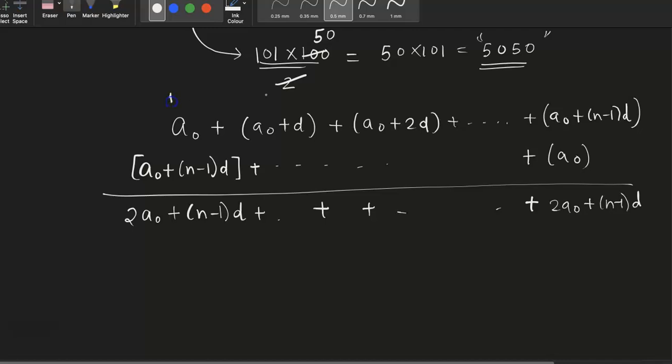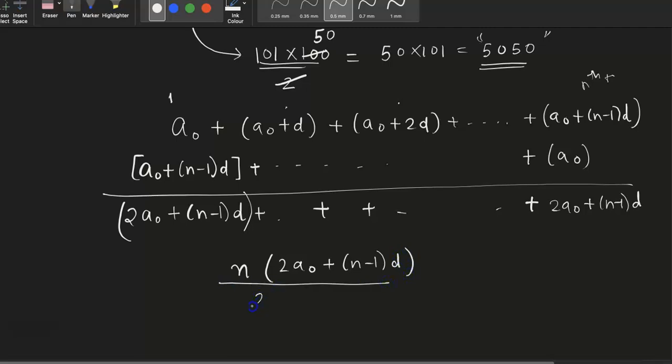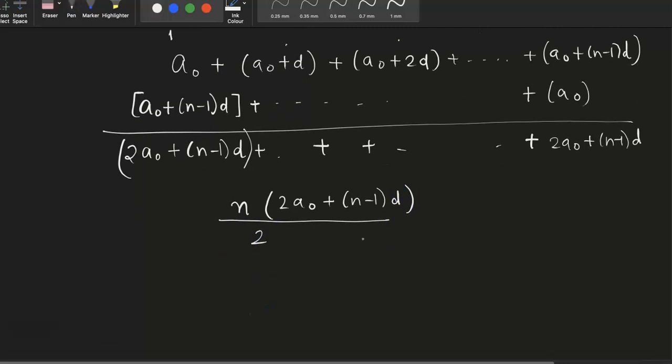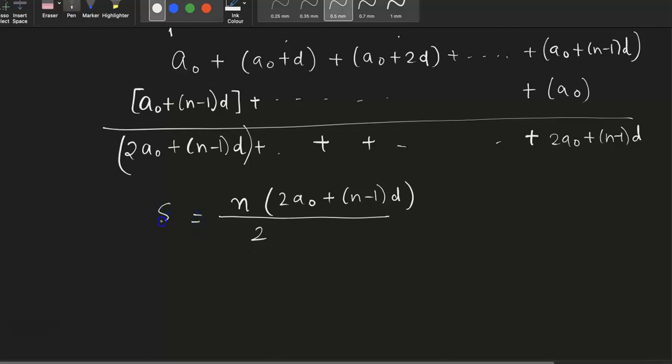This is the first term, this is second, this is third, this is the nth term. So if I add it, each term I am adding n times, which means I'm multiplying each term by n. But now I have added them 2 times, so I have to divide by 2, right?